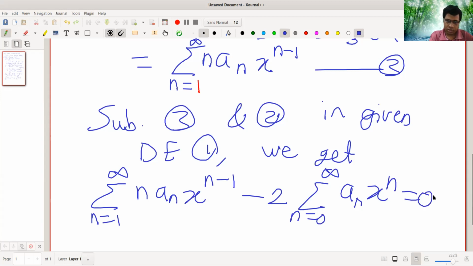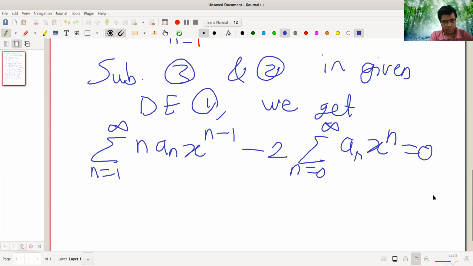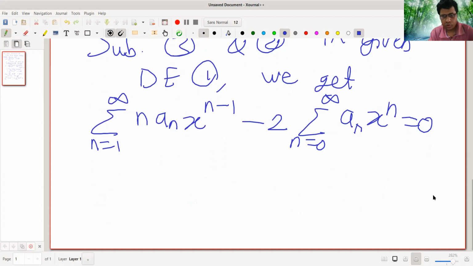Okay, now we want to take these two summations together, so we rearrange terms. In the first term we have x raised to n minus 1, and in the second term we have x raised to n. So we try to write both as x raised to n. Okay, so we replace n in the first term by n plus 1, so that this will be x raised to n.